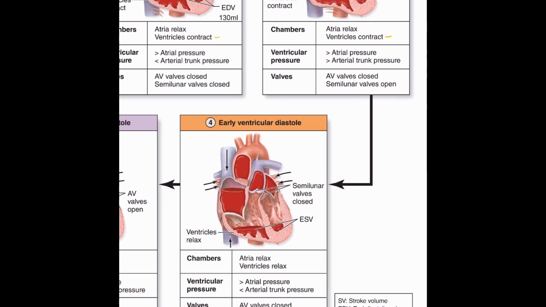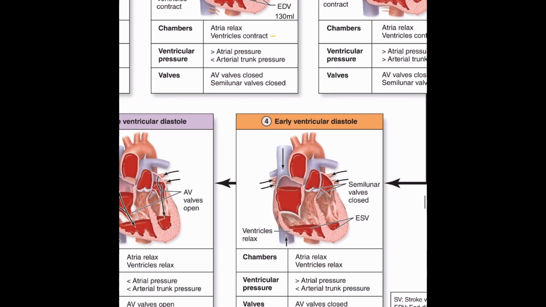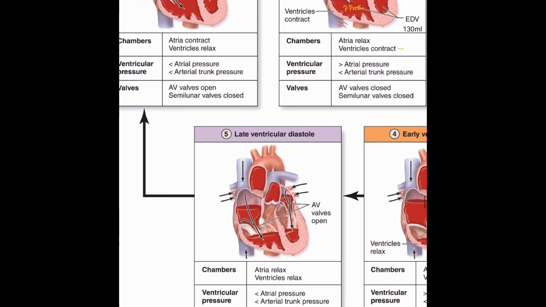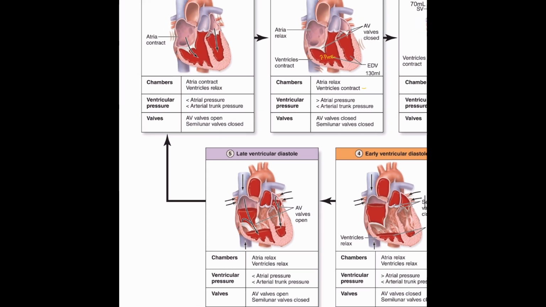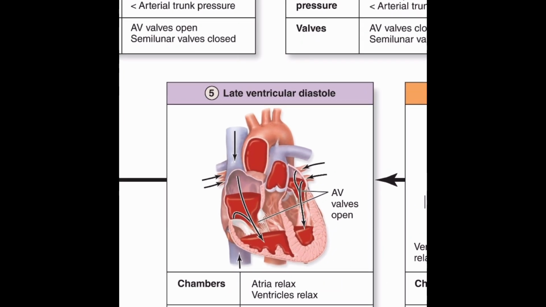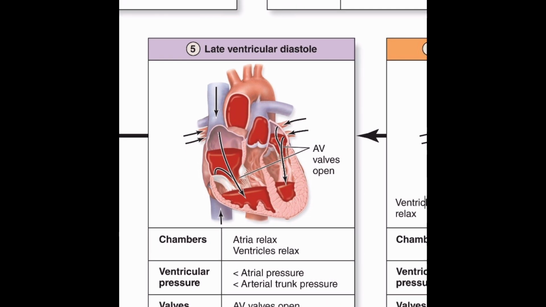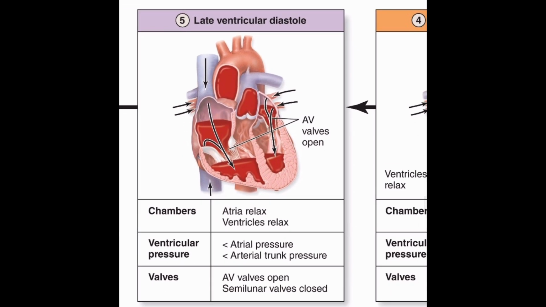And then as we go into early ventricular diastole, so relaxation of the ventricle, there will be some blood left over, and that is called your end systolic volume. That is something you'll have to know as well. But now the atrium is filling with blood, but the atria is still relaxed.